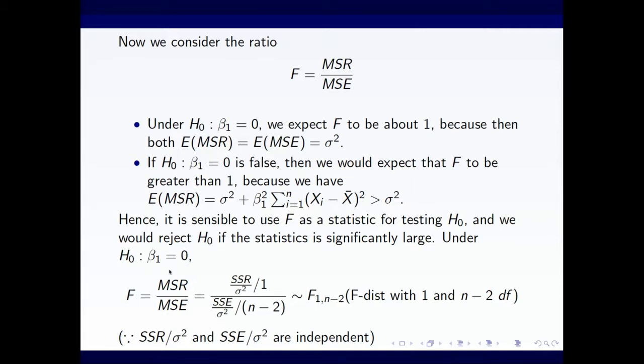So we can test beta 1 equal to 0 using this F distribution as well as the t distribution.